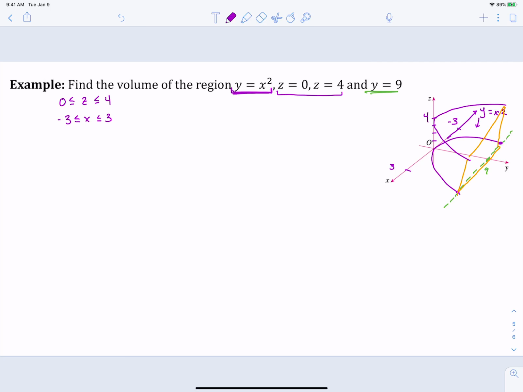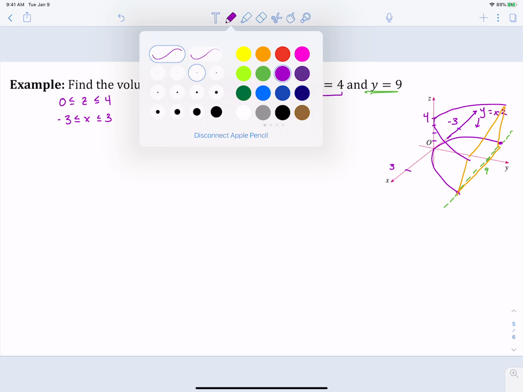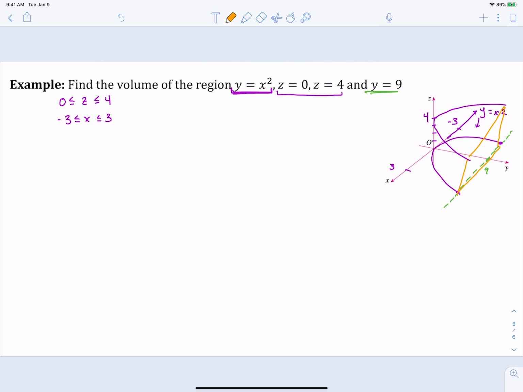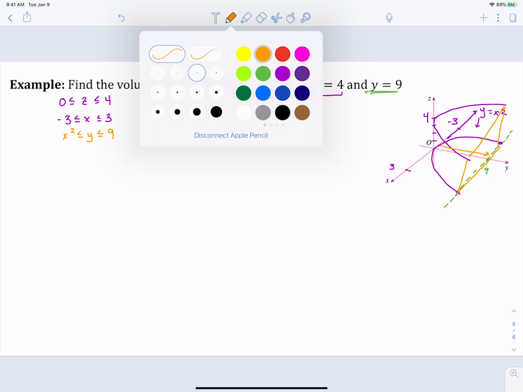If you look at what's happening with y, when we're going on the y-axis here, it's going from our parabola to that line y equals 9. So it's going from x squared until we get to 9. So those are going to be our limits of integration. That lower bound is that parabola, and our upper bound is that line y equals 9.